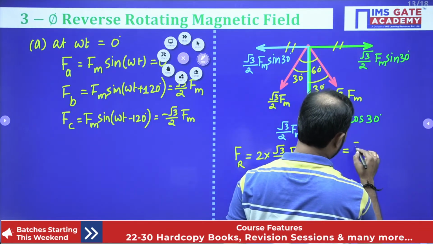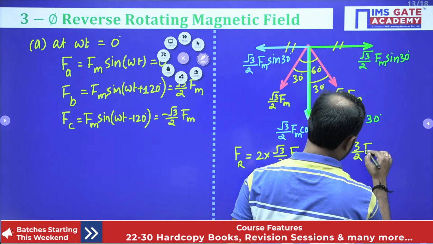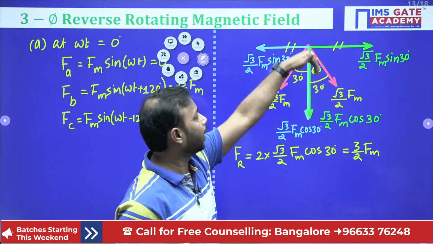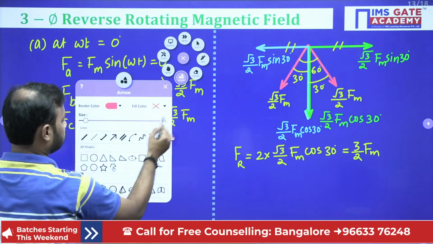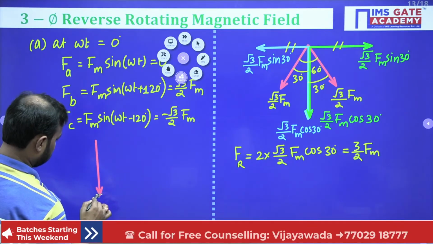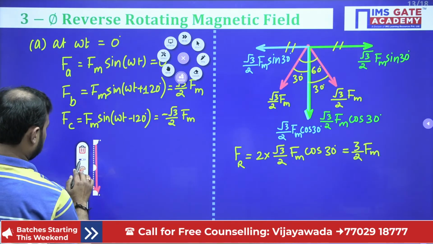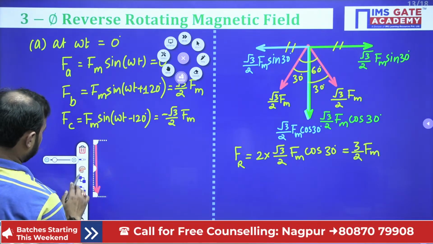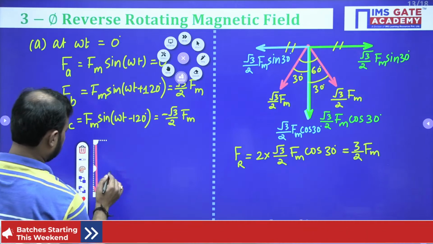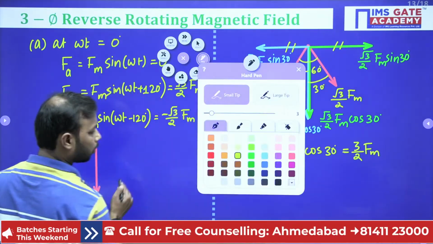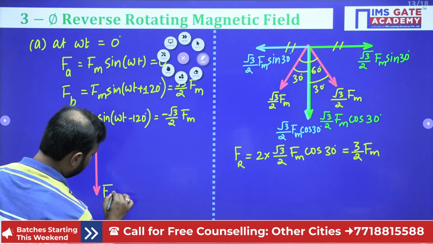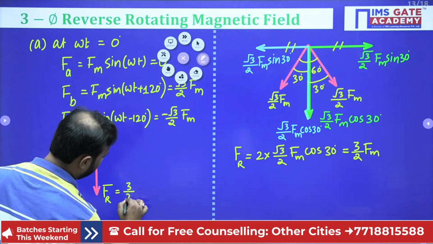The magnitude is the same, 3 by 2 FM. And what is the direction? The resultant direction is downward. So this is F resultant, having the value of 3 by 2 FM.